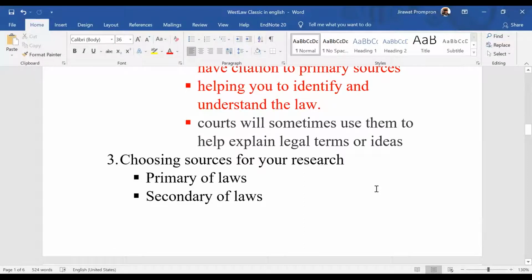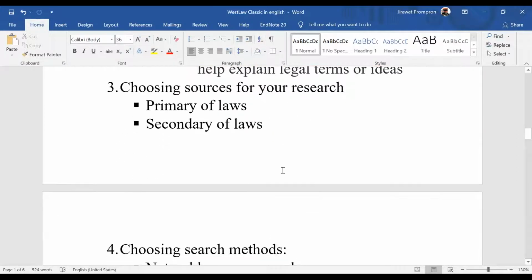Now the third step, choosing sources for your research. Do you have any idea where to start? Let's start with secondary sources, because Westlaw guides me.